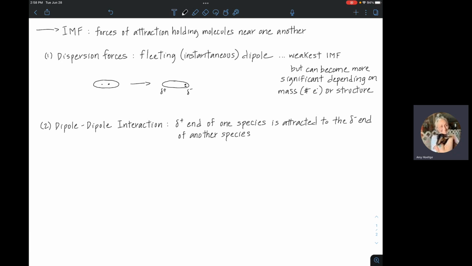So for example, I could have an acetone molecule. Let me draw this a little bit suggestively here to make it easy to see. So here's acetone.